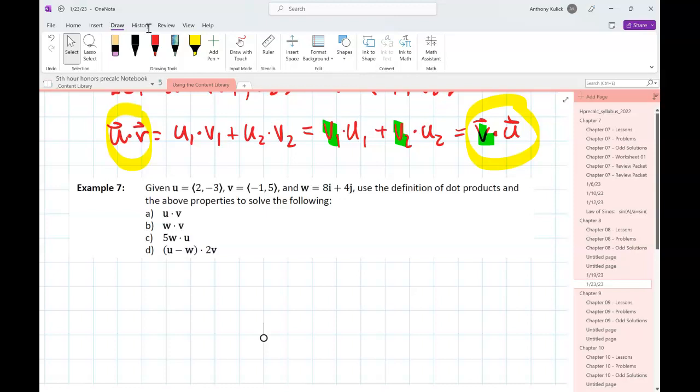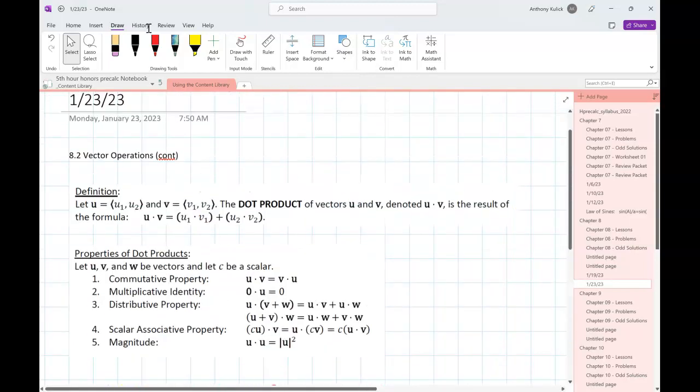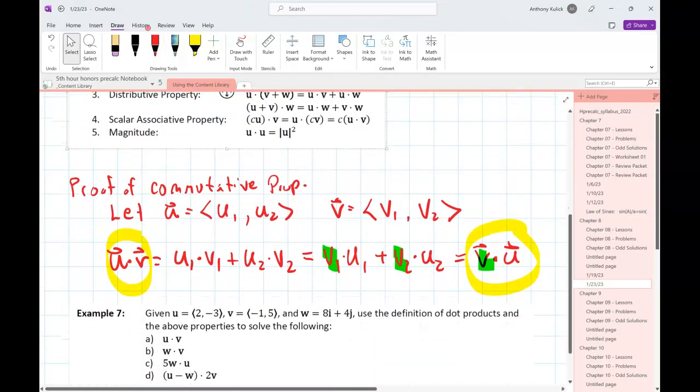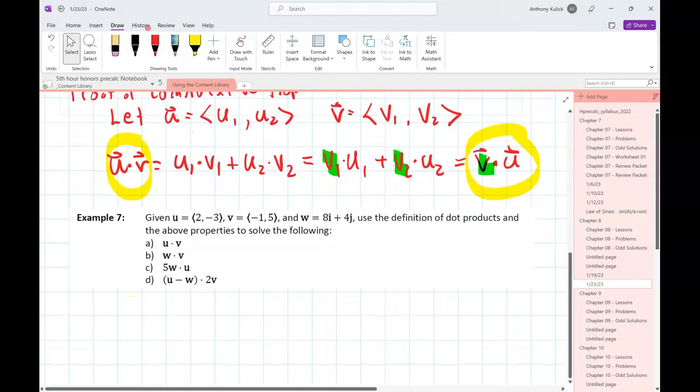So the first thing that I would want to do before I do anything else is take that linear combination form and rewrite it into component form, so that when I use my dot product definition, if I look back at that, my vectors were in component form. So how do I rewrite 8i plus 4j in component form?